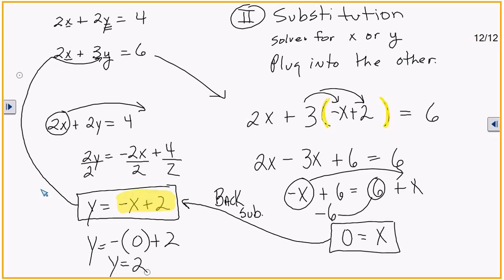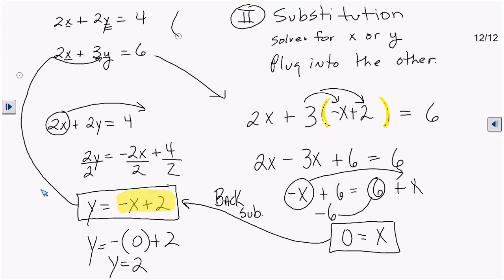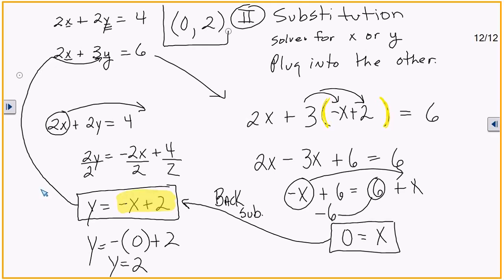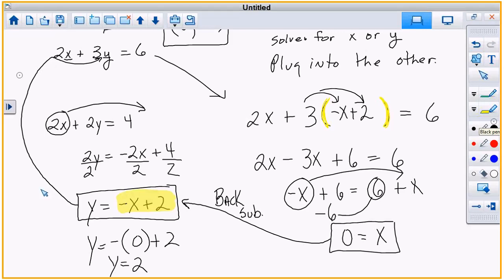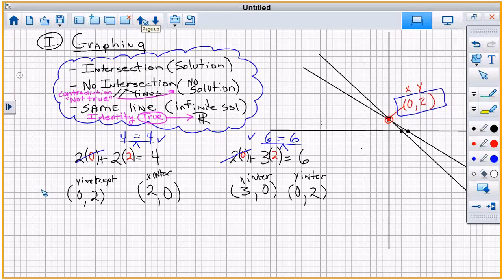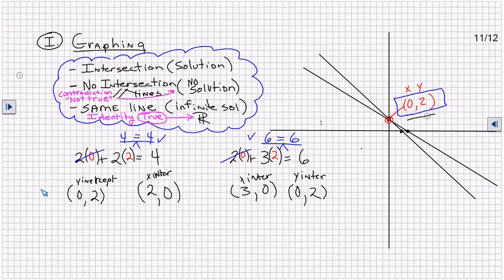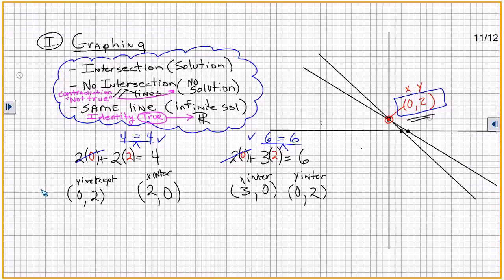So our two lines intersect at 0, comma 2, and that's what we found out in the first method of graphing. It crossed at 0, 2. So you can use the methods of solving systems of equations to check each other. And that's how you do the substitution method.